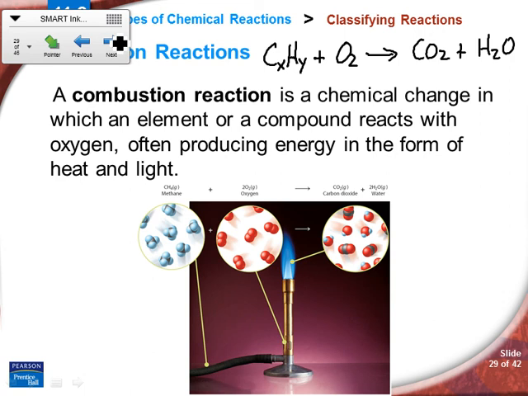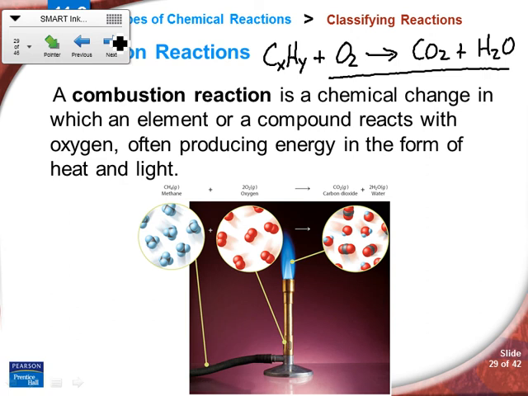This is the general form of the equation, not the example. But all combustion reactions really look alike. This last part, the O2, CO2, and H2O, is always the same on any combustion equation that we're going to write in this class. It's always going to be plus O2 gives you CO2 plus H2O.